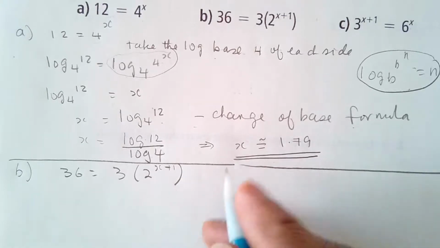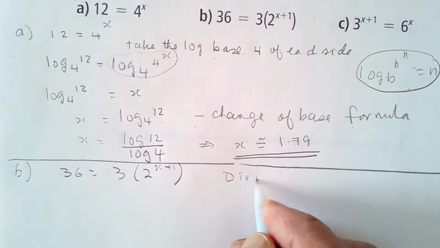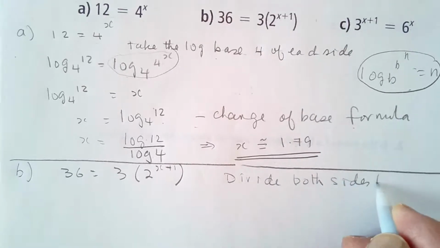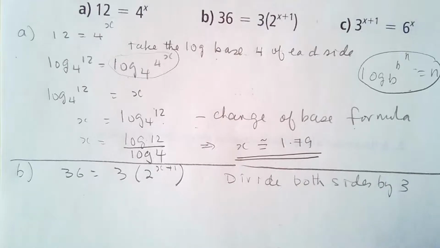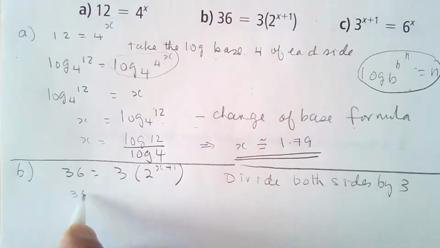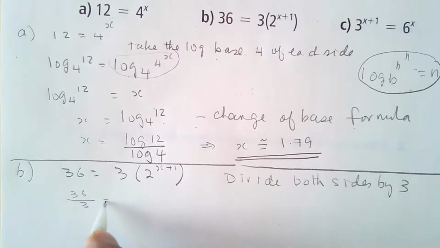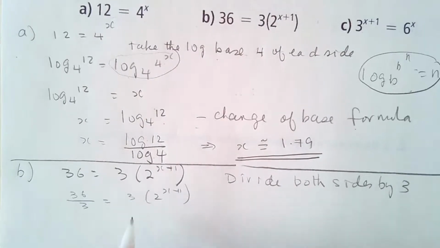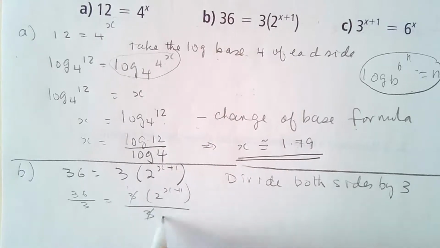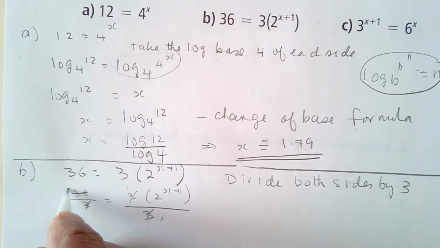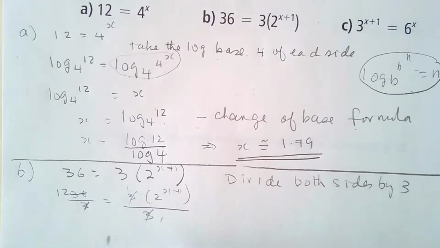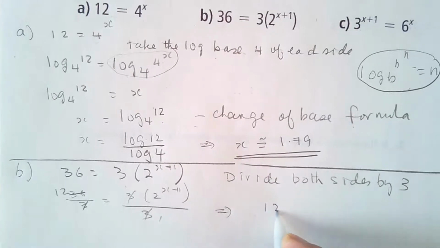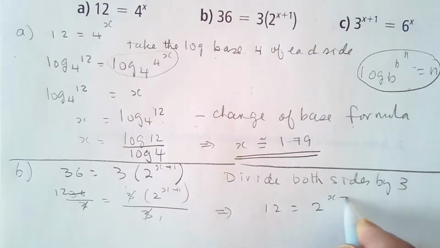So we divide both sides by 3. So we have 36 over 3 is equal to 12. So we have 12 right here. 12 is equal to 2 to the power x plus 1.